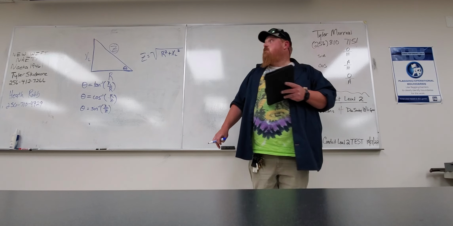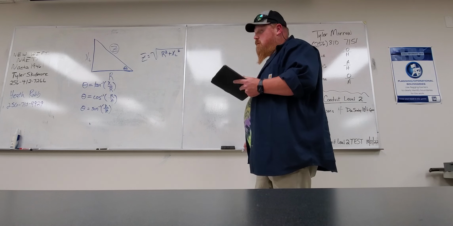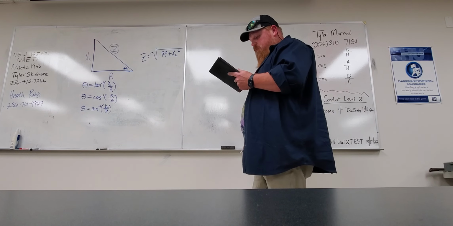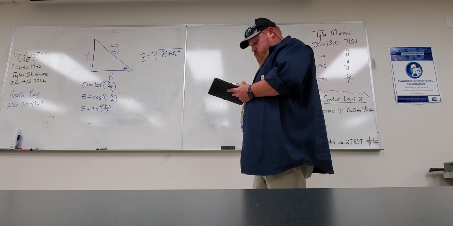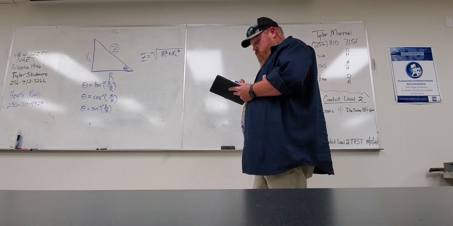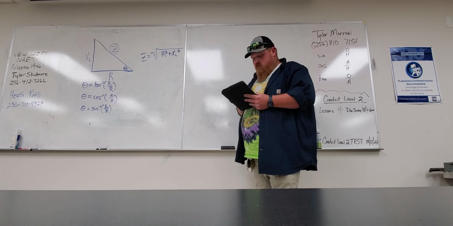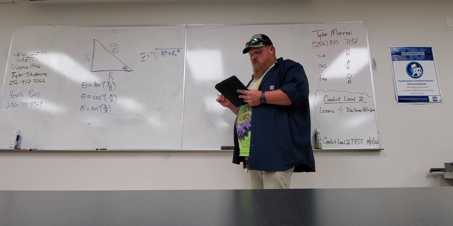In a series circuit, the impedance is the square root of resistance squared plus the inductive reactance squared. It's going to be a little bit different formula for a parallel circuit.